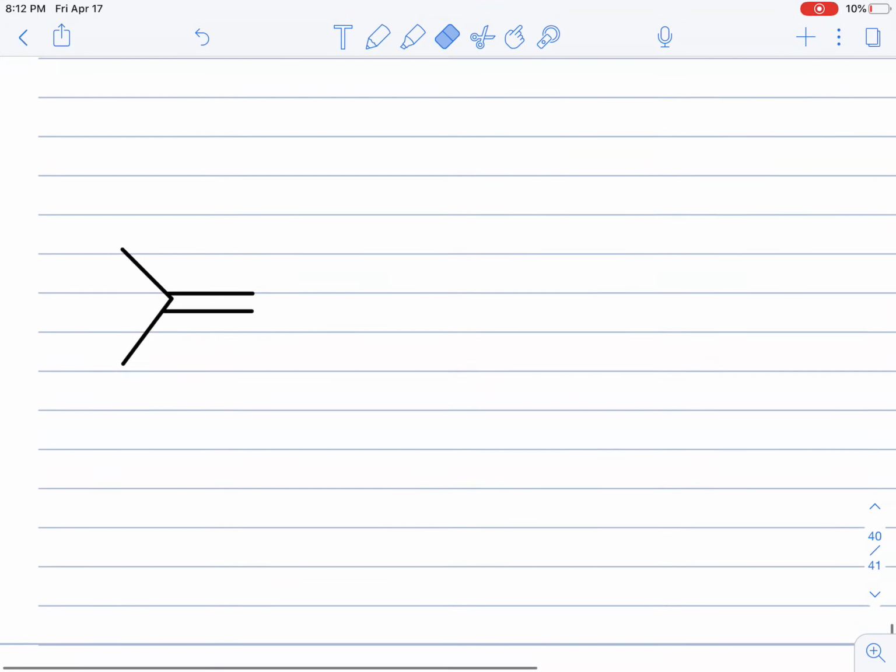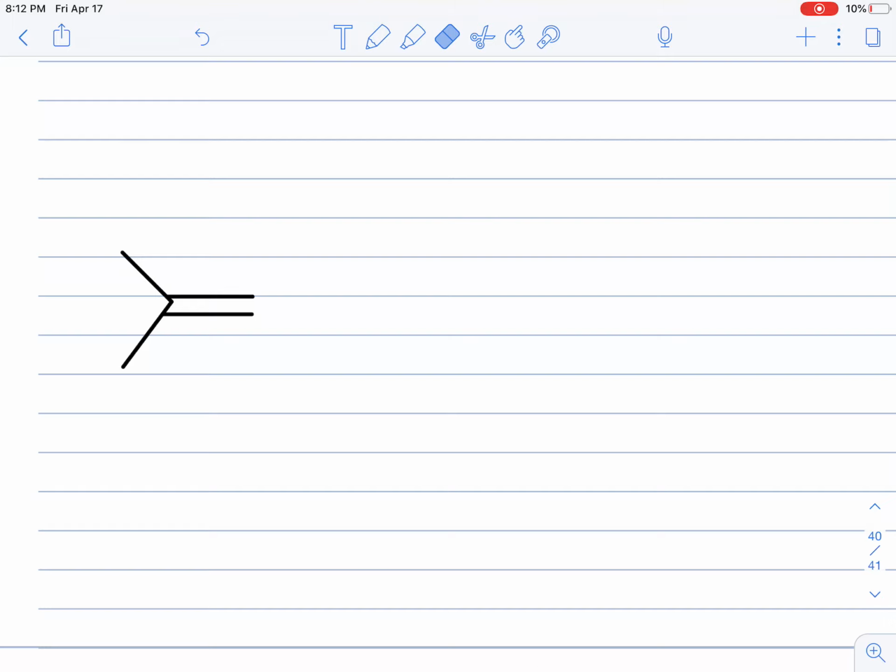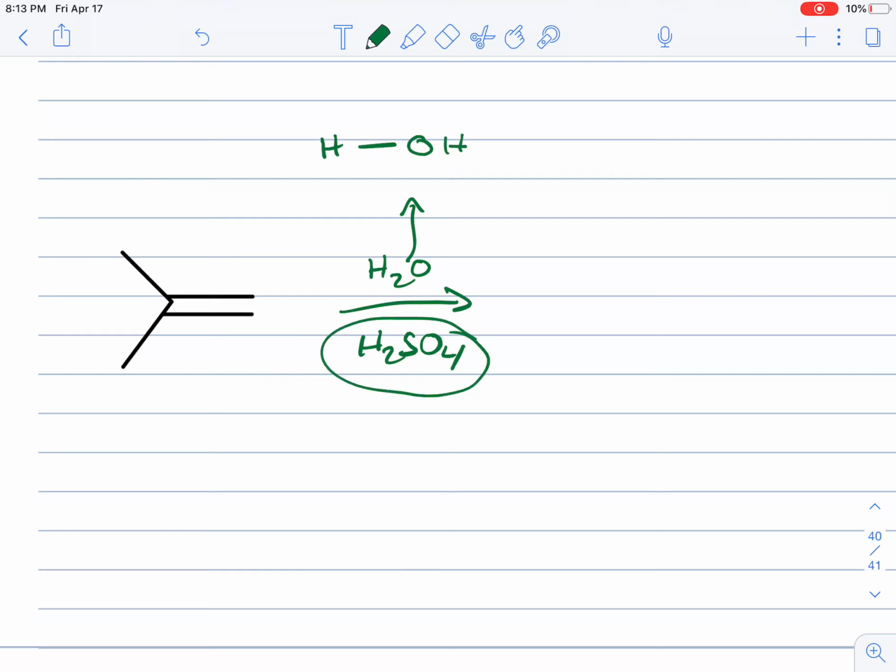All right, so last but not least, we're going to go ahead and do this last molecule. So once again, we're going to go ahead and react this with water and H2SO4. So water is our second reactant, and H2SO4 is just our catalyst. It's just going to catalyze that reaction.